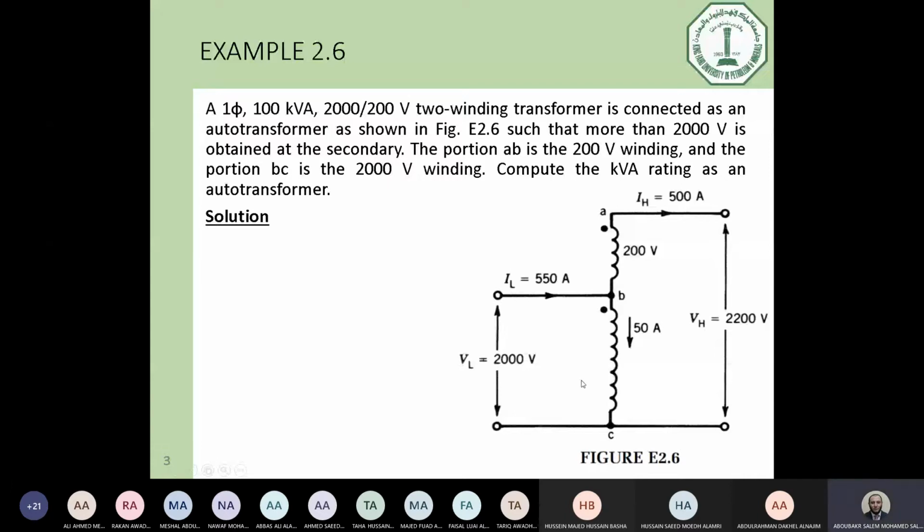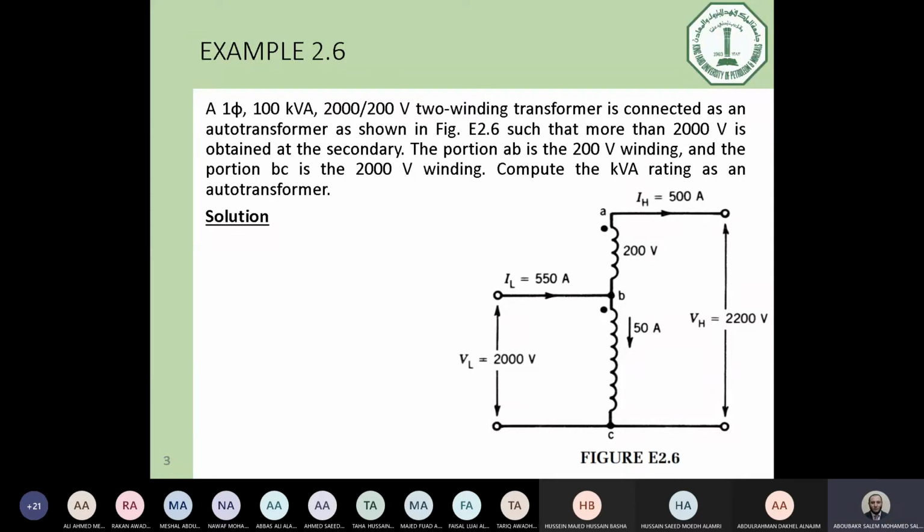So because you do not change the two-winding transformer in terms of the wound or anything, the magnetic core and the windings are the same. You just make an extra connection. So the part of magnetic power will be transferred, which is 100 kVA. However, due to the physical connection, you will have extra power.